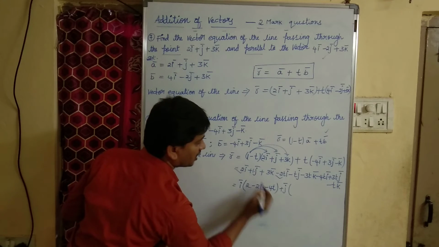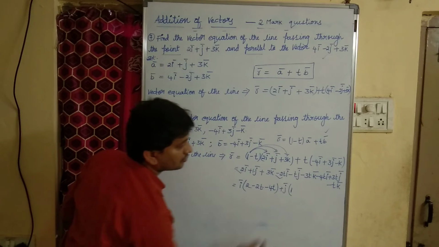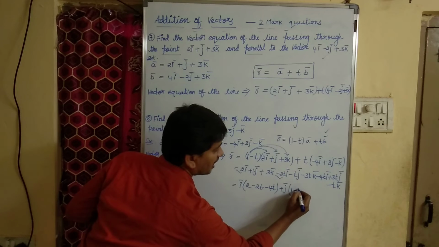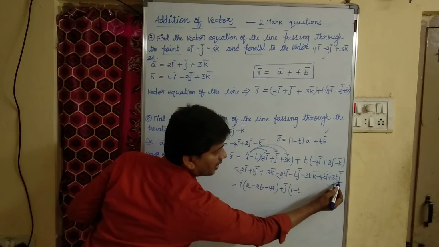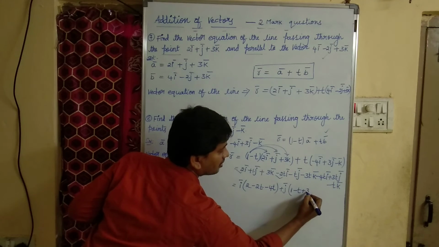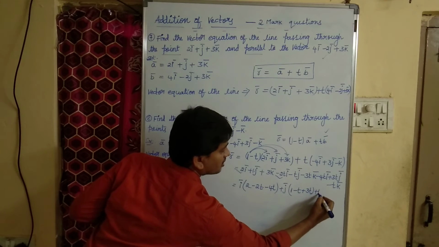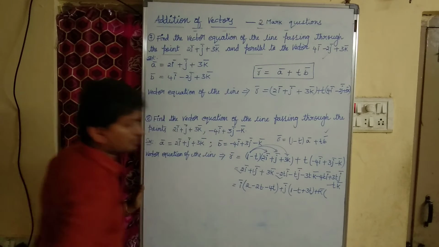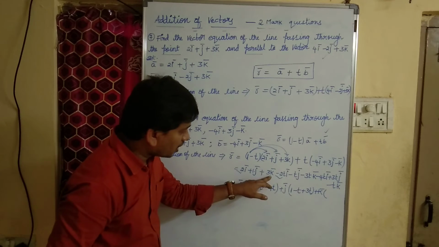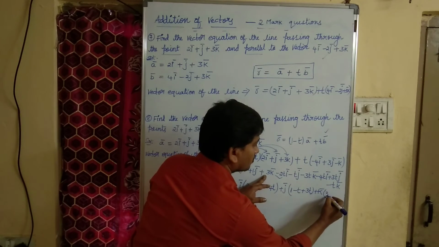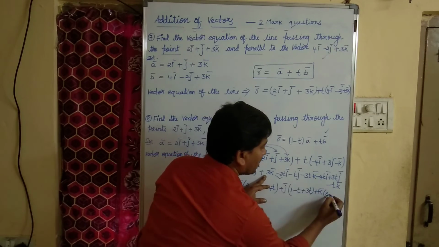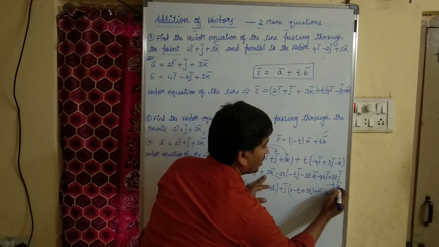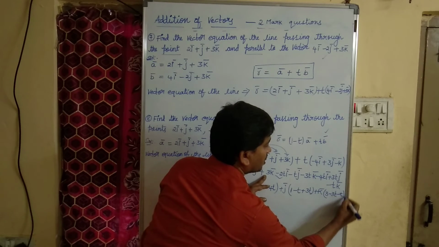Here the j coefficient is 1, and here the j coefficient is minus t, and here the j coefficient is 3t. Now let us take k bar as common. Here the k coefficient is 3, and here it is minus 3t, and here it is minus t.